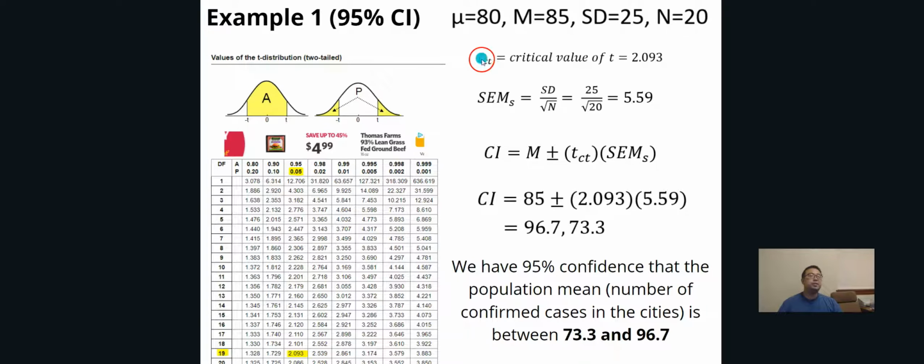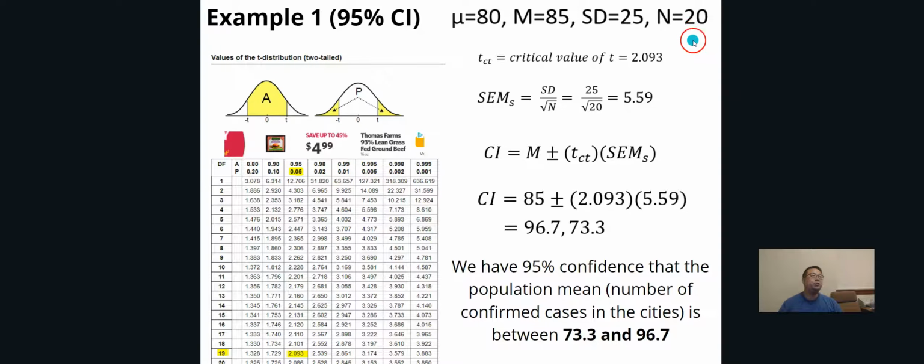The first example is the population mean. Let's suppose that we don't know the number. The sample mean is 85, the sample standard deviation is 25, and the number of cases is 20. Based on the number of cases, we can use degrees of freedom, which is n minus 1.